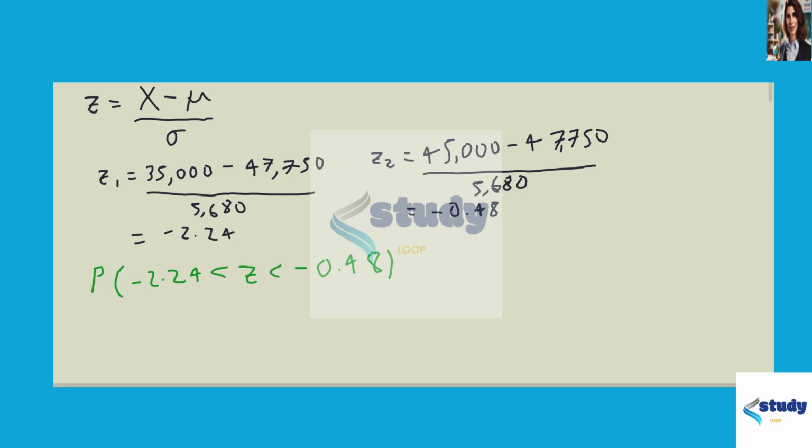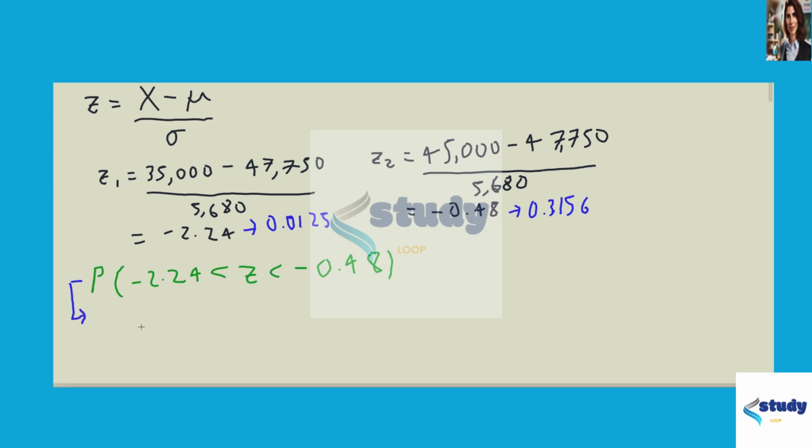Now we're going to check the Z table and find the corresponding probabilities of these Z values. For negative 2.24, we get 0.0125, and for negative 0.48, you get 0.3156.